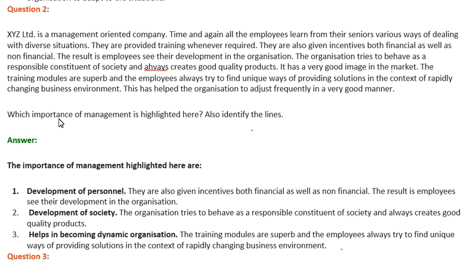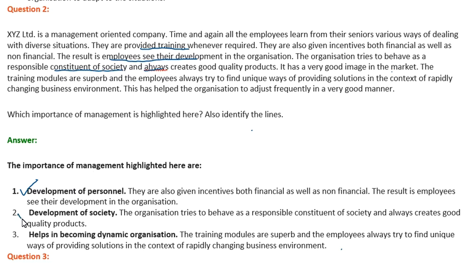So here we have to identify the points of importance. We can see this point where training is required, and employees see their development. So development of personnel is seen. And this organization, I'm so sorry for this spelling, is behaving as a responsible constituent of society.